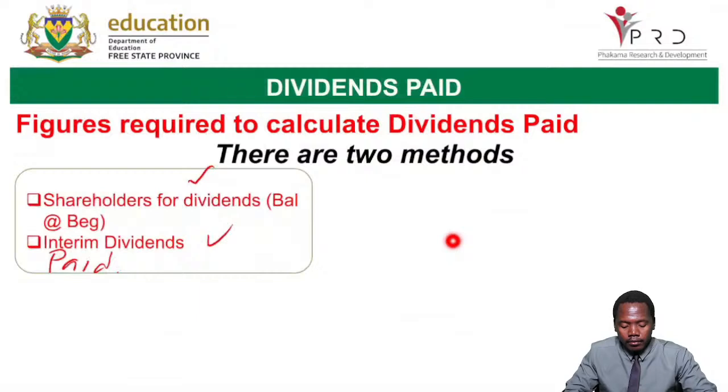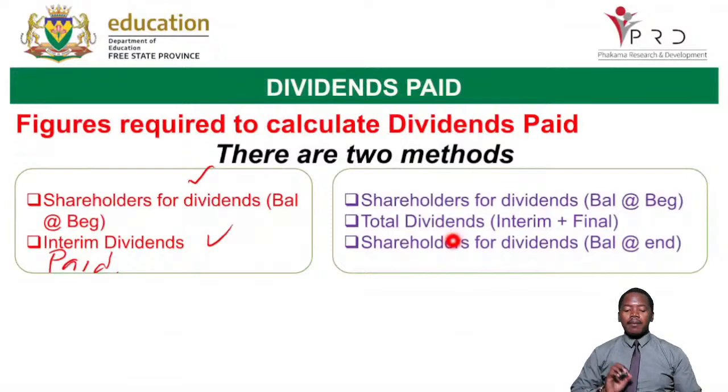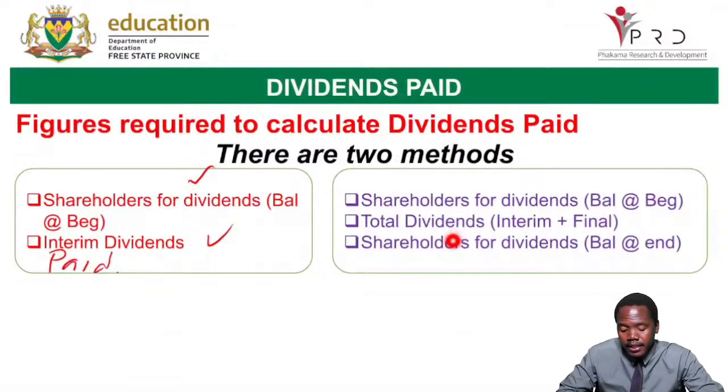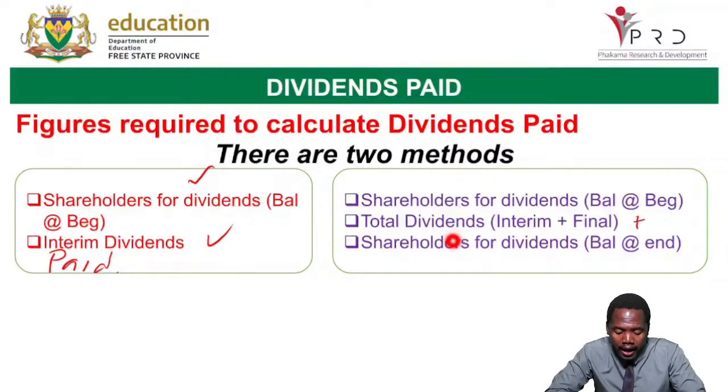Second method, which is a little bit longer, but not too long. The items we need may be the balance at the beginning, shareholders for dividends at the beginning, the amount we've been owing for dividends at the beginning, plus the total dividends for the year. Where are we getting this?